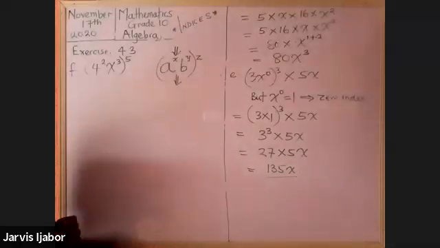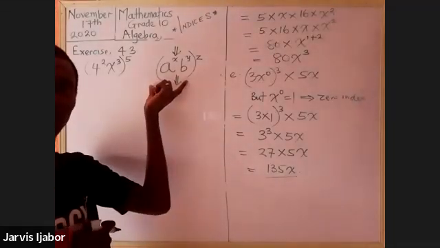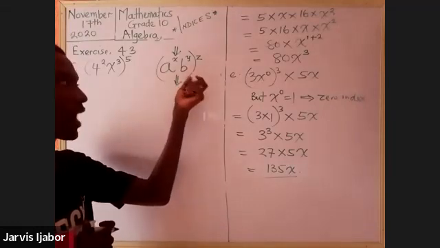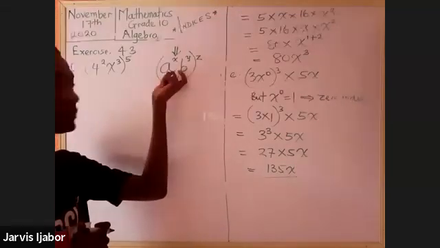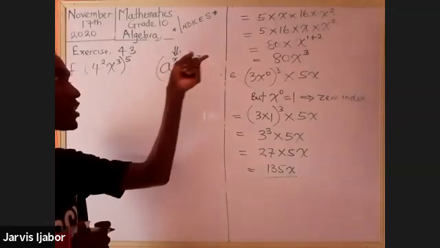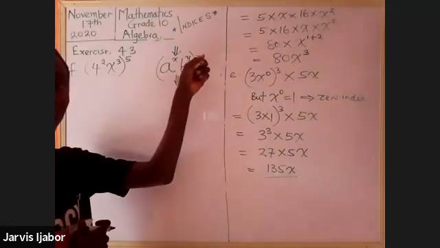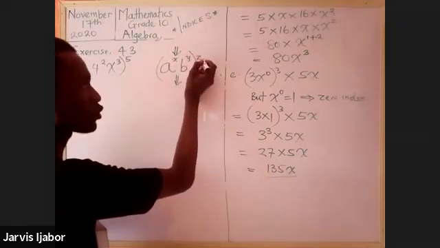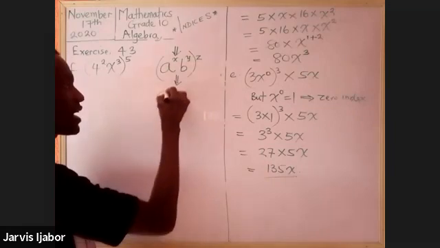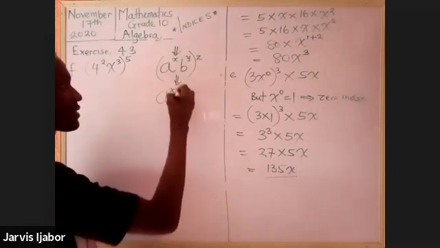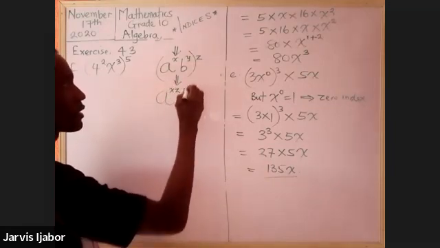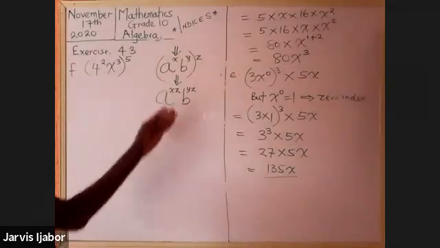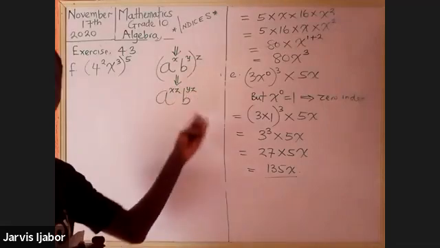I come again. If I have this setup where I have two terms multiplied all raised to a third power, this one will affect this and it will also affect this. So what you're going to have will be A to the power of X times Z, B to the power of Y times Z. Please take note of that because that's what you're going to be seeing play out now.